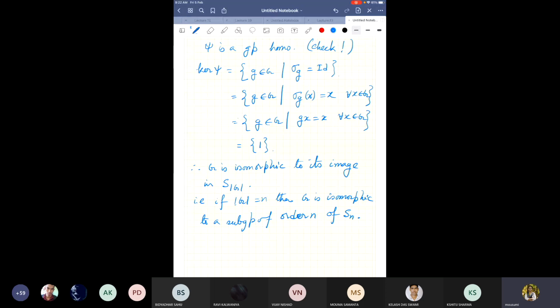For example, for Cauchy's theorem we considered a particular type of group action and proved it. For Cayley's theorem also, we considered the group action by left multiplication and proved it. So group action is in fact a very useful tool. But in order to apply it, you need to have an intuition of what type of group action you should choose so that you will get the desired result. Okay, so now I will talk about the group action by conjugation.